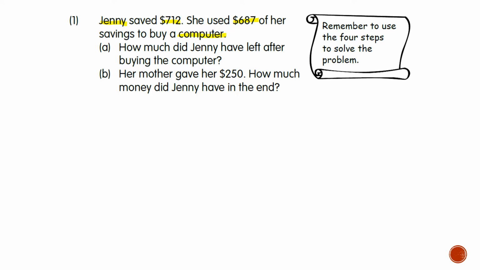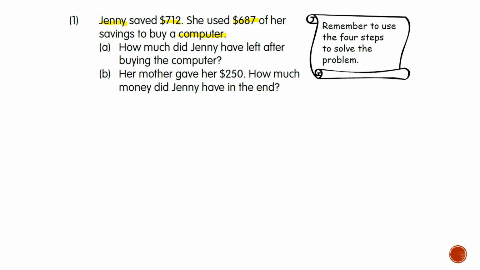So the first question we have to ask ourselves is, this 687, where did it come from? Is this 687 separate from the 712, or did the 687 come from the 712? When you read this carefully, you realize that actually the 687 came out of the 712.